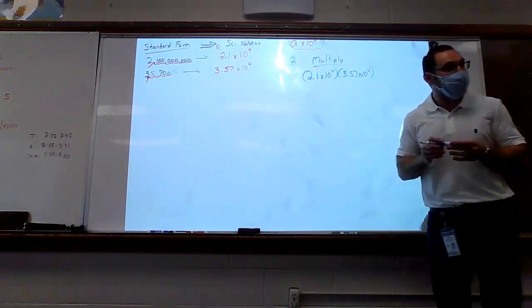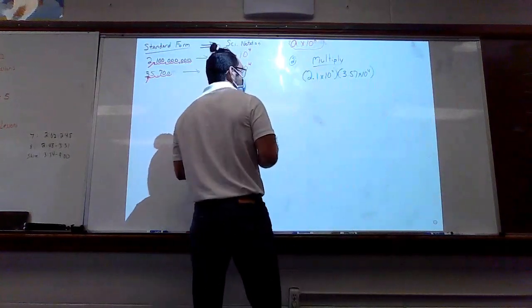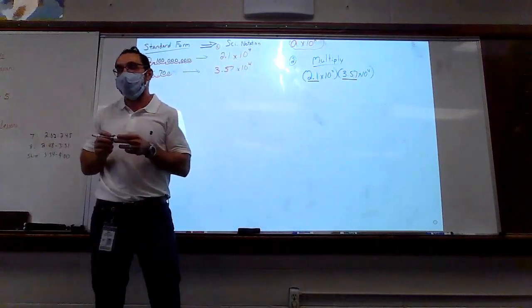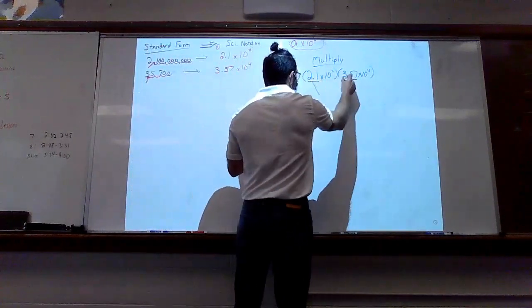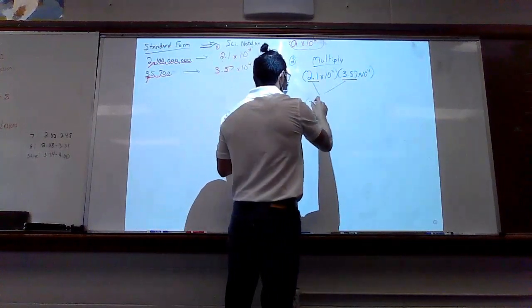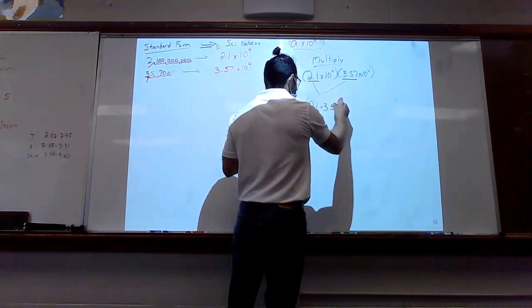When I'm multiplying scientific notation, I need to take my portion that is not my bases. My bases are those tens. I'm going to take the 2 and 1/10, I'm going to take the 3 and 57/100ths, and I group those. 2 and 1/10 multiplied by 3 and 57/100ths.